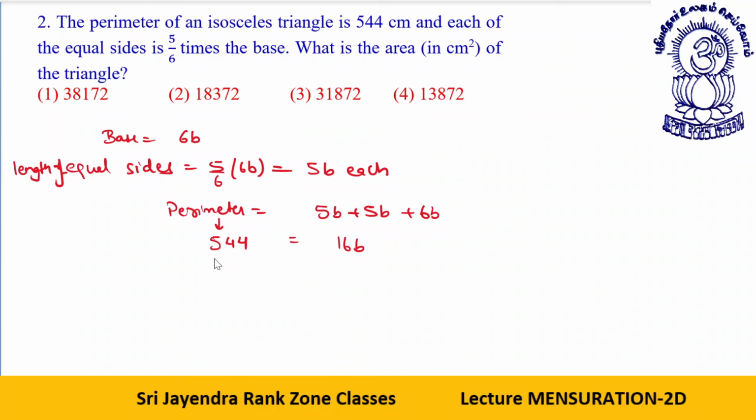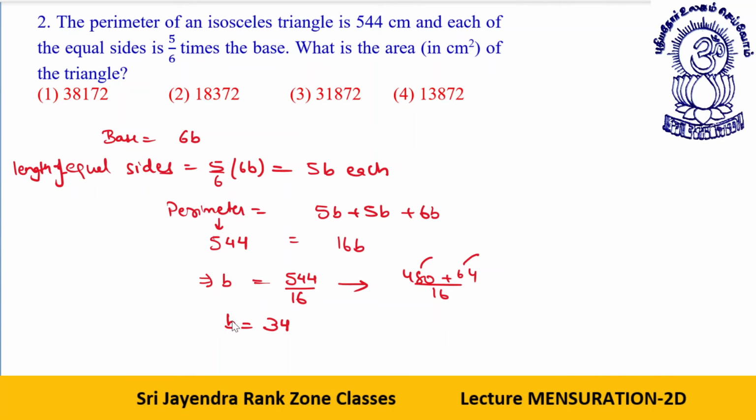This 544 is 16b. This gives me b is equal to what? 544 by 16. So far clear? If I cancel this by 16, I write it as 480 plus 64 divided by 16. That is, this is 30, this is 4. So B comes out to be 34.